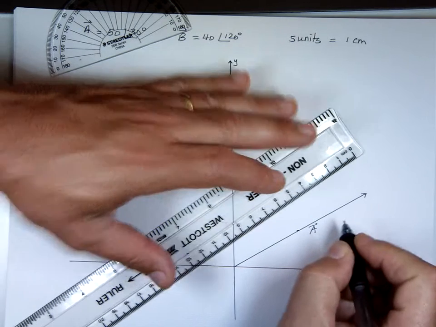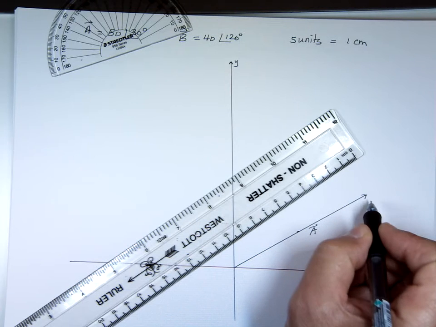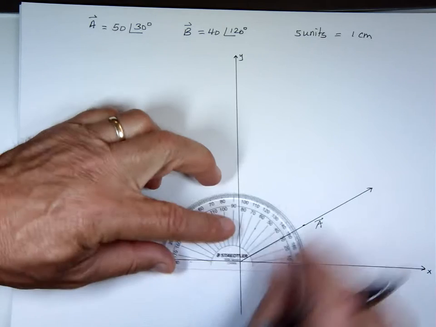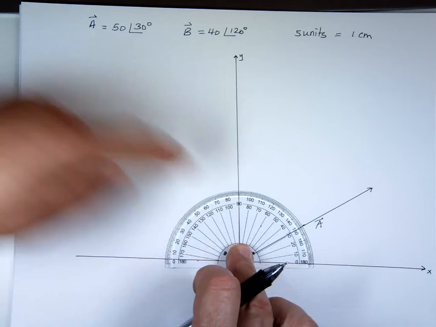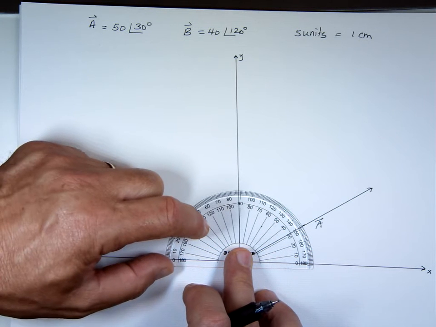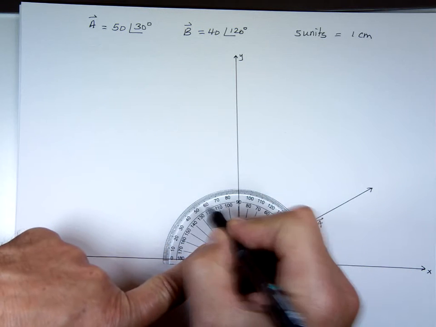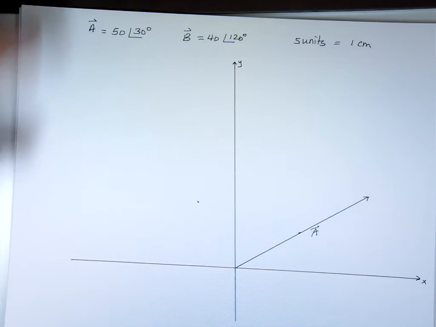That's A. Now watch this. Instead of putting your X and Y axes right here, this method says just graph this vector, 40 angle 120. Where's the 120? 120 is somewhere here. And what's the length of that vector? 8.